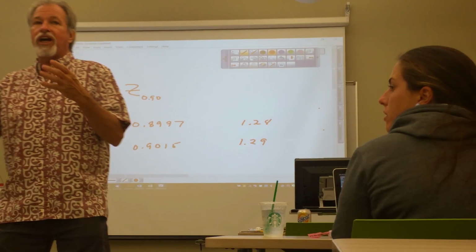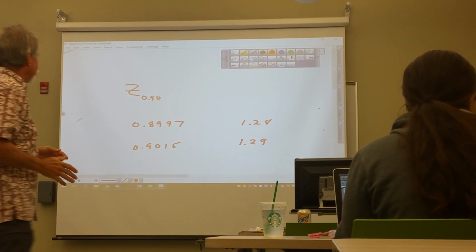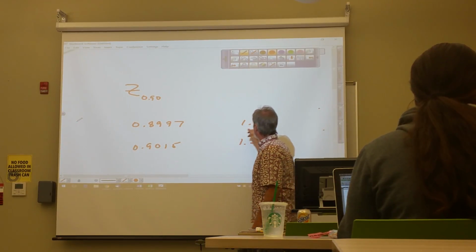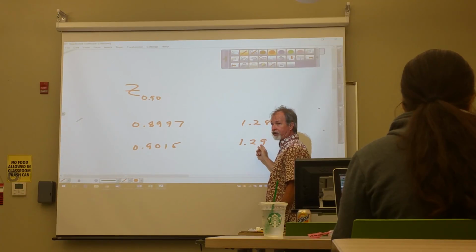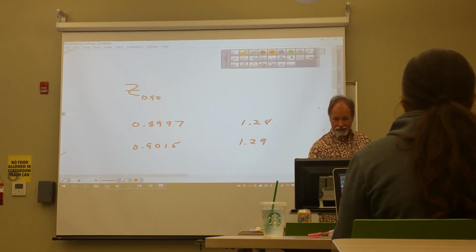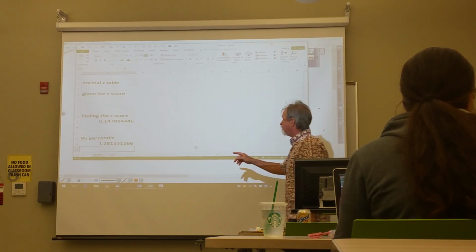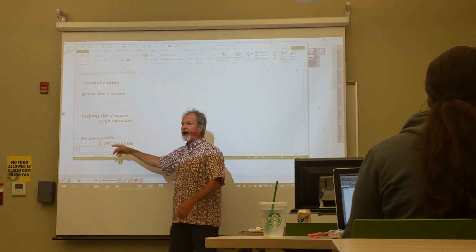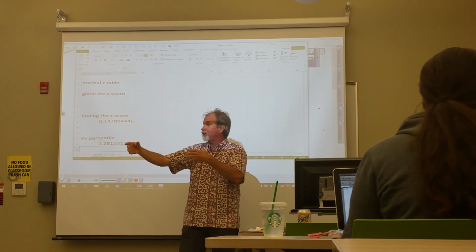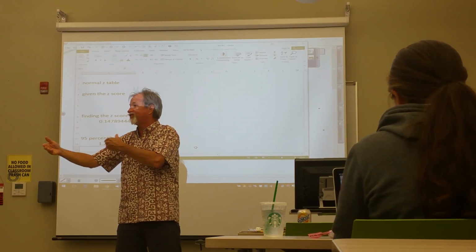Okay, so whether I use a table or I use technology, here we found that 0.9 was somewhere between 1.28 and 1.29. When I use technology, it said it was 1.28155, which is just slightly above 1.28, right? So what did we say? When you're using the table, use the one that's closest.